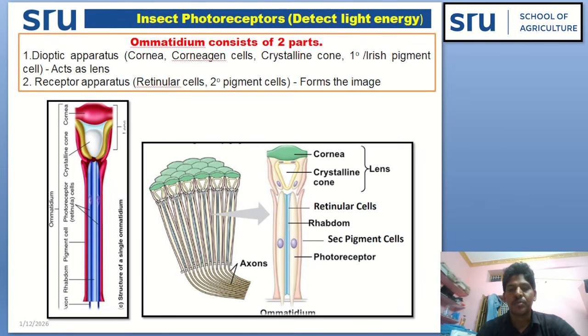Ommatidia consist of two parts, that is dioptic apparatus, that is cornea, corneagen cell, crystalline cone, primary pigment cell. This acts as lens. Next, receptor apparatus consisting of retinular cell, secondary pigment cell, and this forms the image.